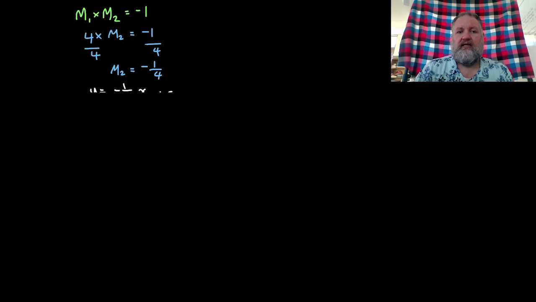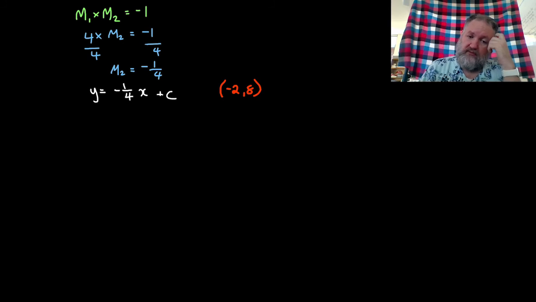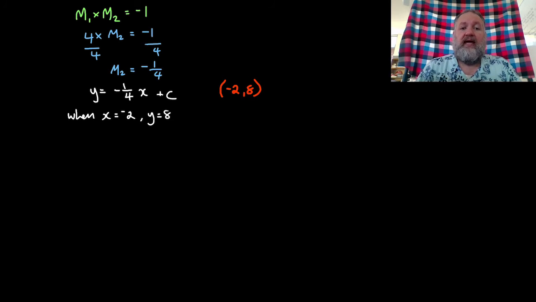We're writing in a different colour here. This is the second linear equation, the one that's perpendicular to the first one. And it is asking me to put it through the point -2, 8. So I need to think about the case for this specific linear equation of y equals -1/4 x plus c, where x is -2 and y is equal to 8.